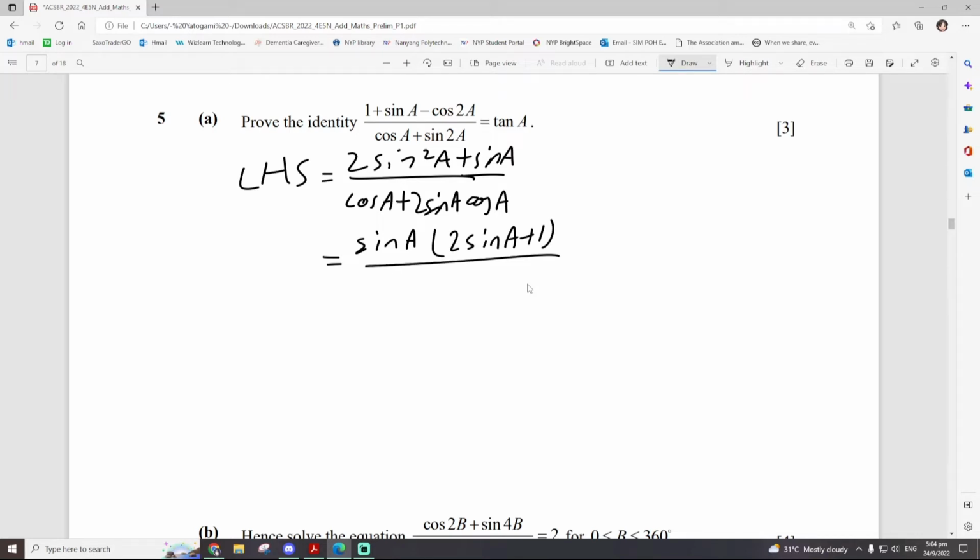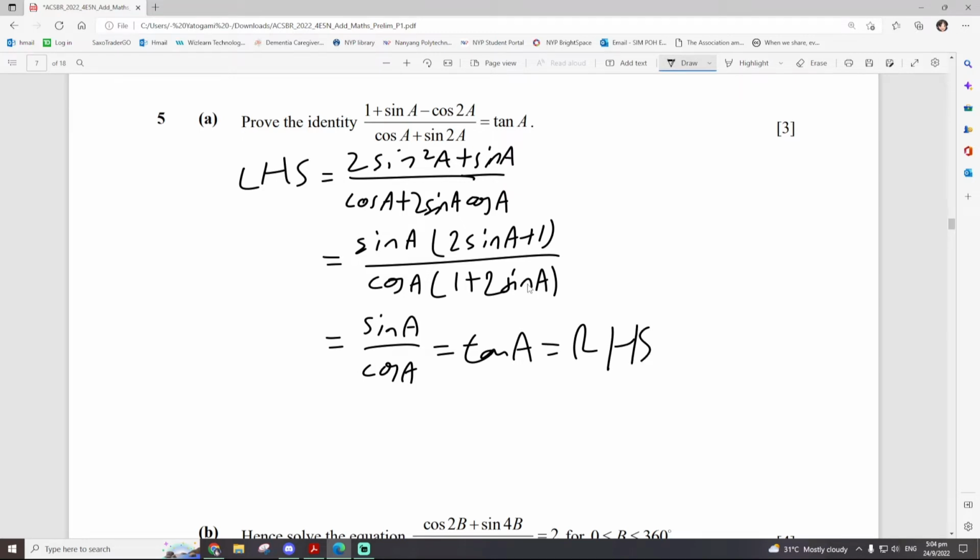And divide this by cosine A times 1 plus 2 sine A after factoring out the cosine A. But 1 plus 2 sine A is the same as 2 sine A plus 1 because addition is a commutative operator. Therefore, this is sine A over cosine A, which is tangent A.